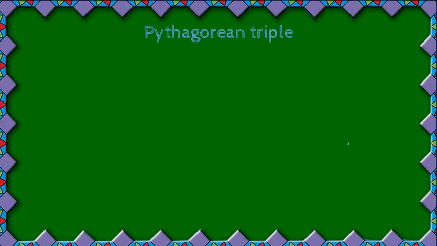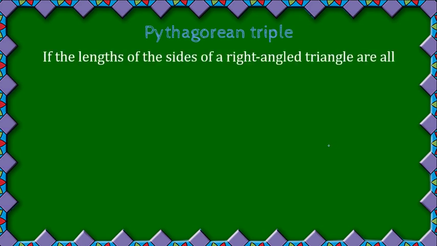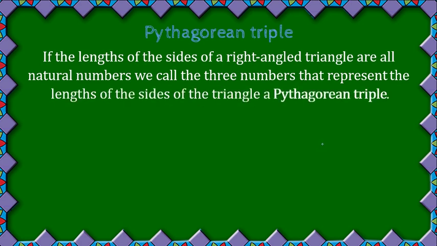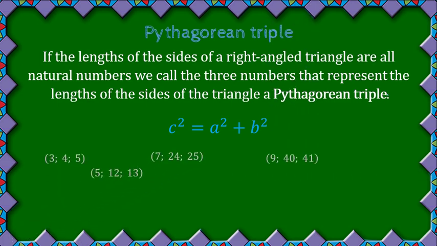Now just a quick thing on Pythagorean triples. If the lengths of the sides of a right-angled triangle are all natural numbers, we call the 3 numbers that represent the lengths of the sides of the triangle a Pythagorean triple. So that means that if I have c squared equals a squared plus b squared, then these would satisfy this equation.